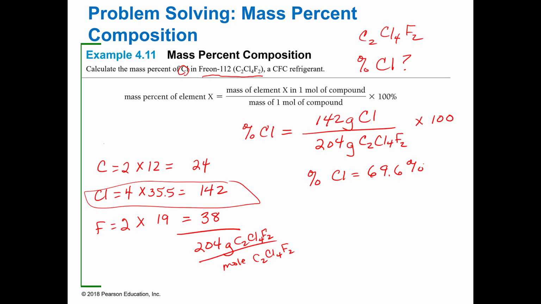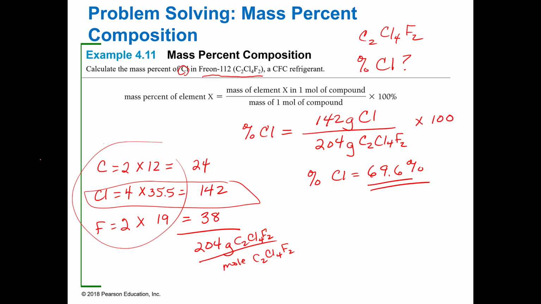And notice I kind of arbitrarily use 3 significant figures in that because it depends on how many you use over here. But your atomic mass is technically infinity, so if you want to put 70%, that's okay as long as I see how you calculated it. All right, so percent chlorine in Freon 112 is 69.6%.